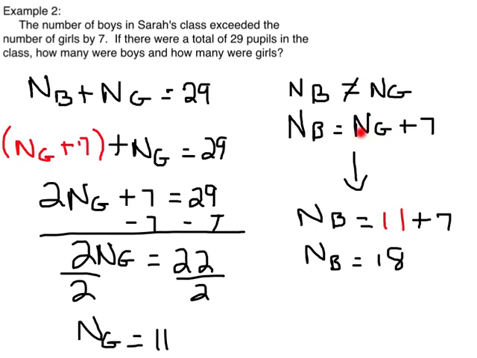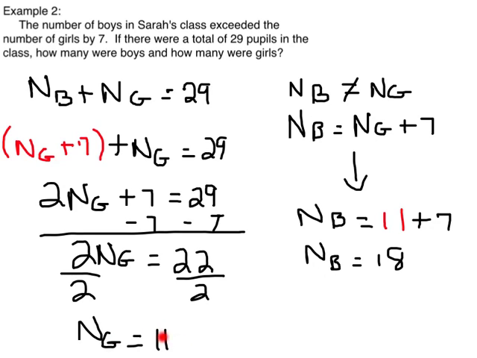Now we have this that we can substitute in over here for NB. We substitute it in, and then we add our like terms, and we get 2NG plus 7 is 29. Then if we subtract 7 from both sides, we get 2NG is 22. Dividing by 2 on both sides, we find that the number of girls is 11.